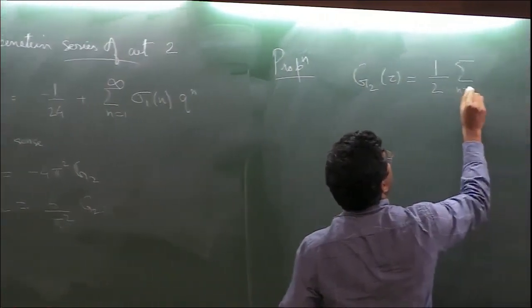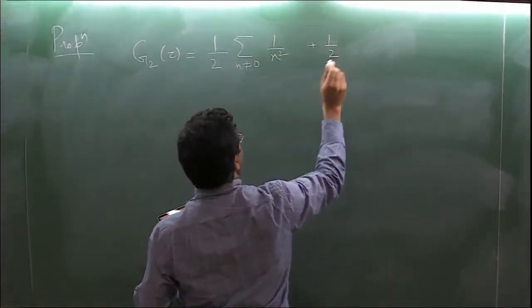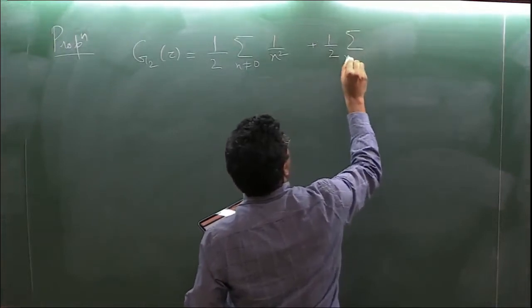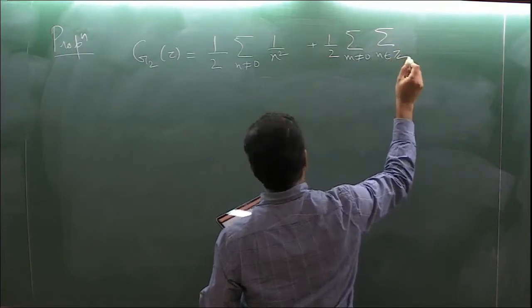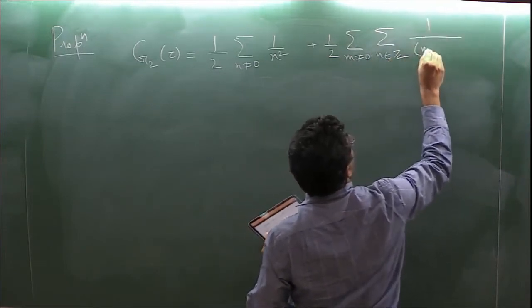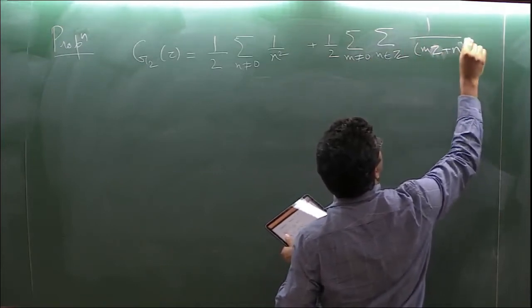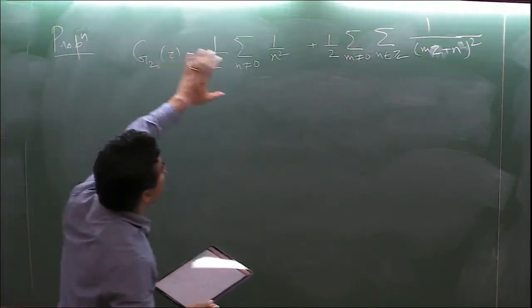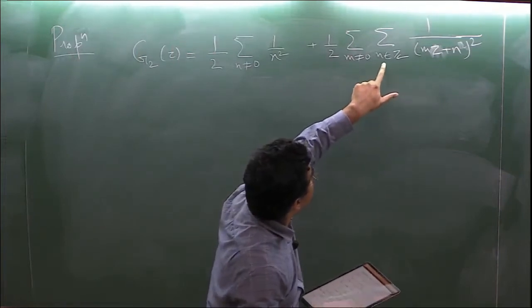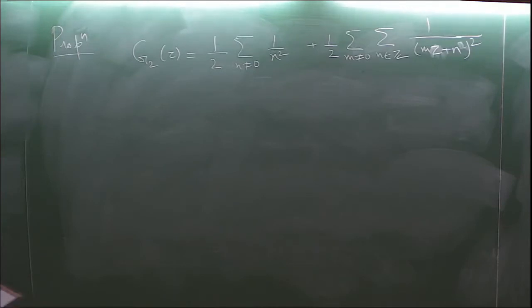You're not allowed to change the order of the summation: you take this and then you do this, and now things converge, but not absolutely.